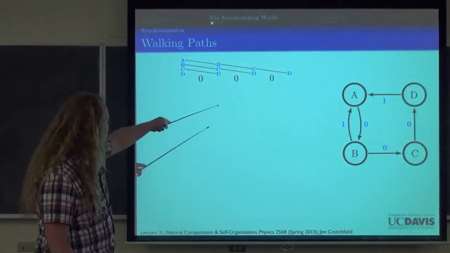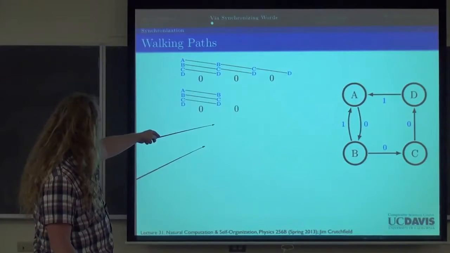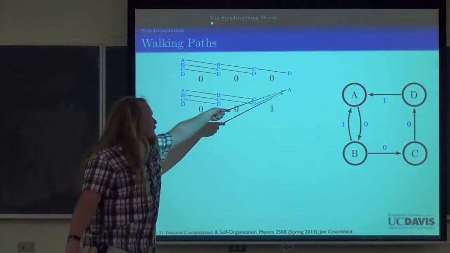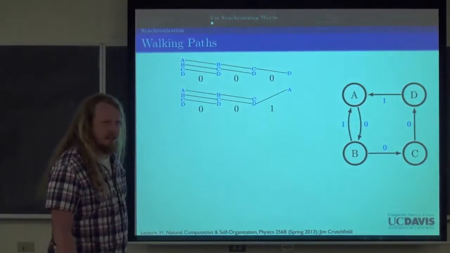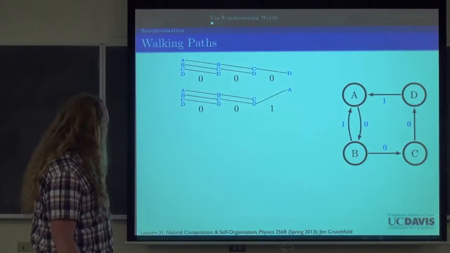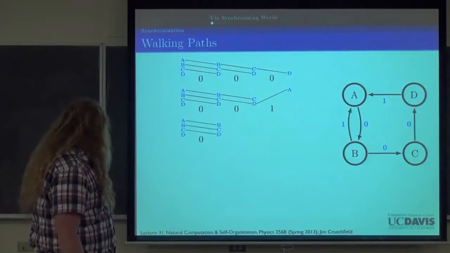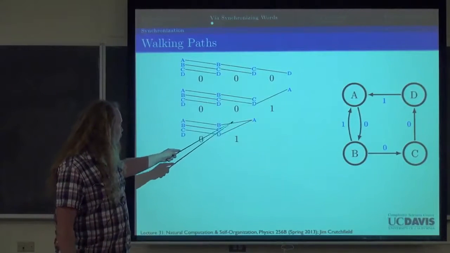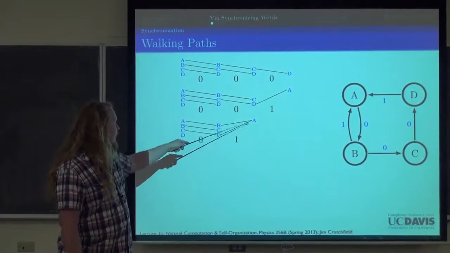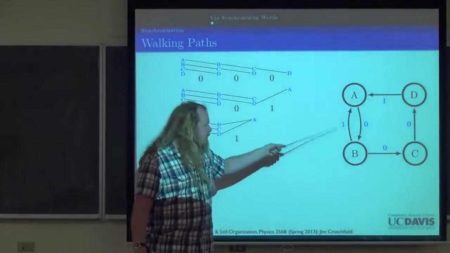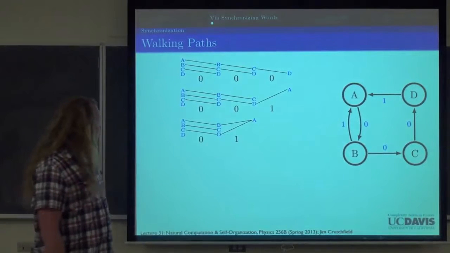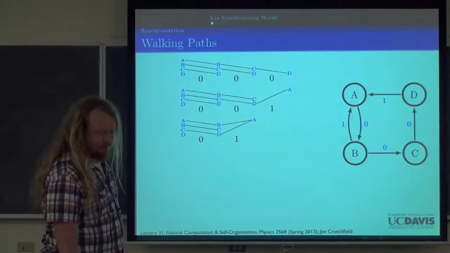All right, but what if instead of seeing a 0 at the end, we had seen a 1? Well, then D goes to A on a 1, and we're still in a single state there. And we can keep doing this. So 0, 1. After observing a 1 here instead of a 0, D goes to A and B goes to A. And we know we're in state A because C cannot observe a 1.